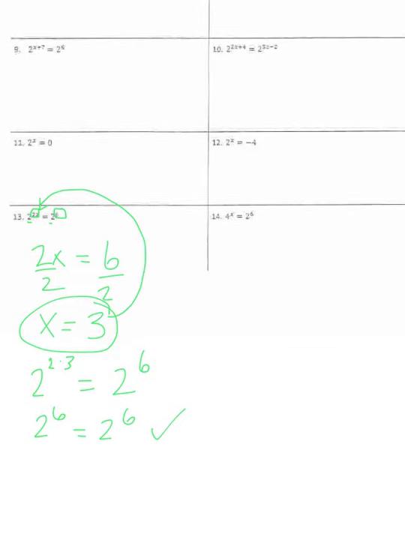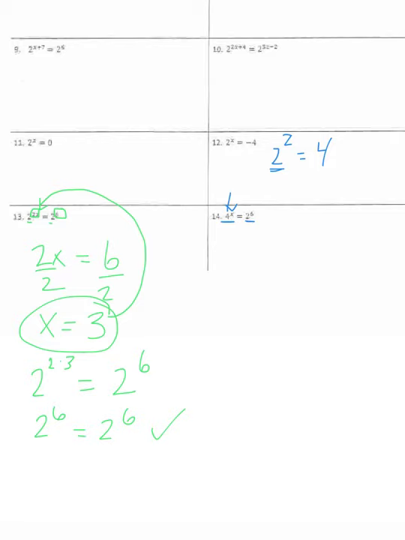Number 14 is a little bit different because the base here is 4 and the base here is 2. So the bases are not the same. So what we want to do is rewrite one of the bases so that they are the same base. Notice that 2 squared is the same thing as 4. So we can rewrite this 4 here as 2 squared so that the base here will be 2.